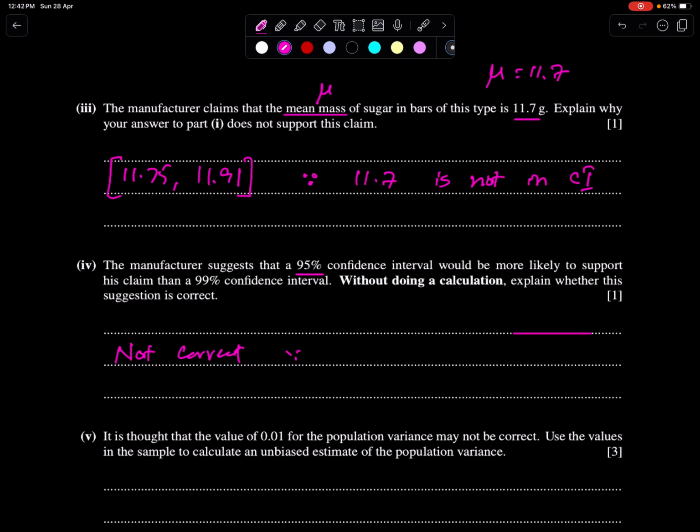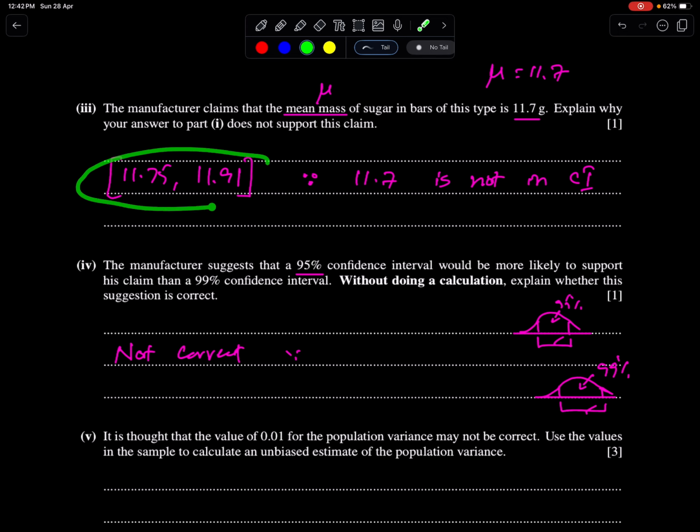You can understand this in this way. This is 95% confidence interval. So this is narrower than 99% confidence interval. This is 99%. I mean, these limits are small and these limits are large. I mean, this difference is small and this difference is large. This is the maximum difference, 99% confidence interval.